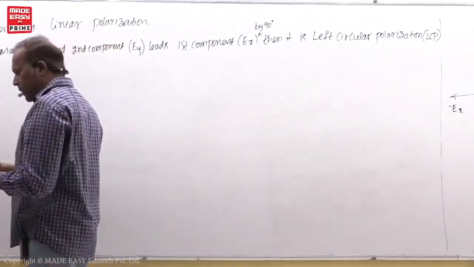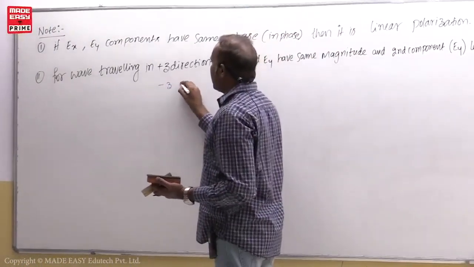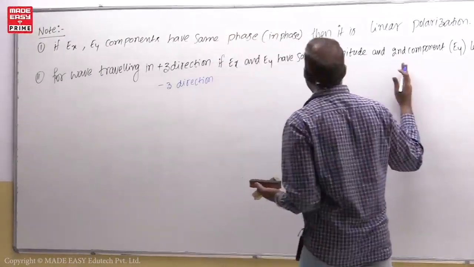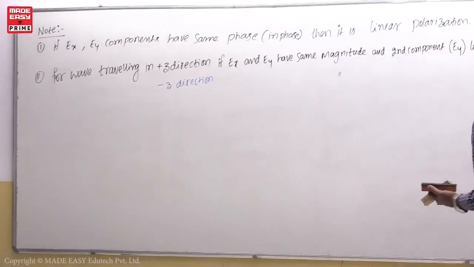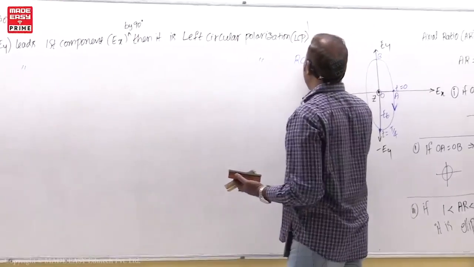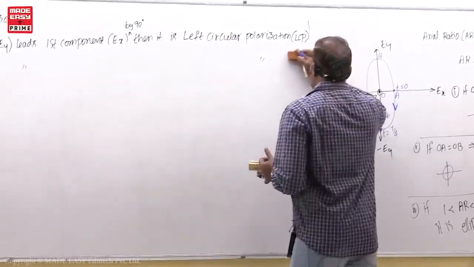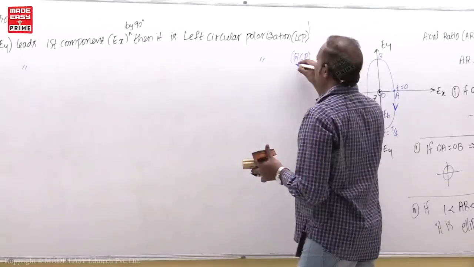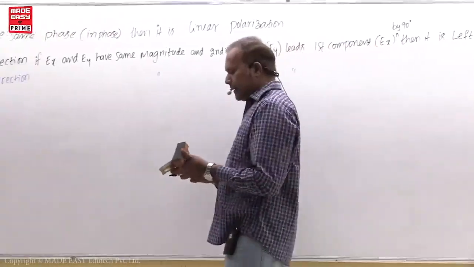So for your convenience I am writing here: if minus z direction is there, then everything else is the same, that means lead is there, then here it becomes RCP, because some students get confused, that is why I am telling all four cases very clearly.